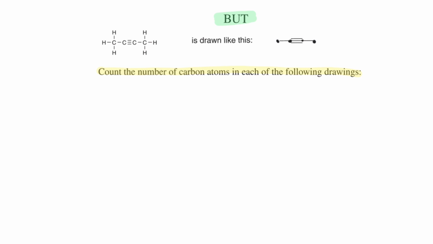For understanding purposes, here is one question for you. Count the number of carbon atoms in each of the following drawings. Here is one benzene and this is another compound: 1, 2, 3, 4, 5. At the second position a keto group is there, so it is called pentan-2-one.